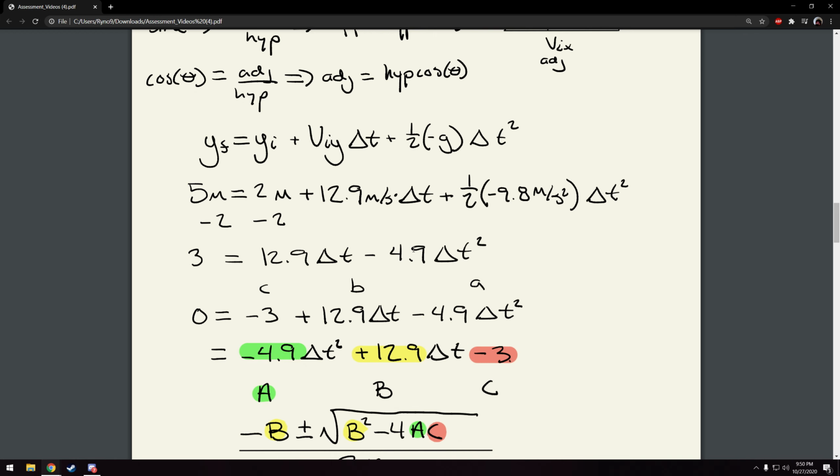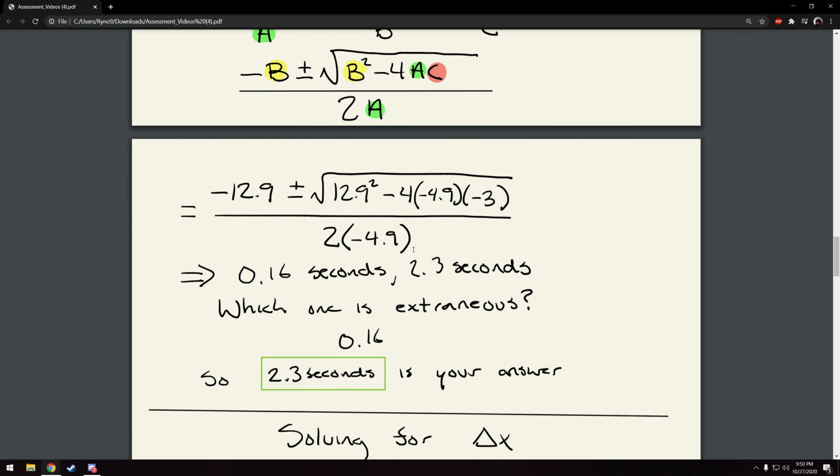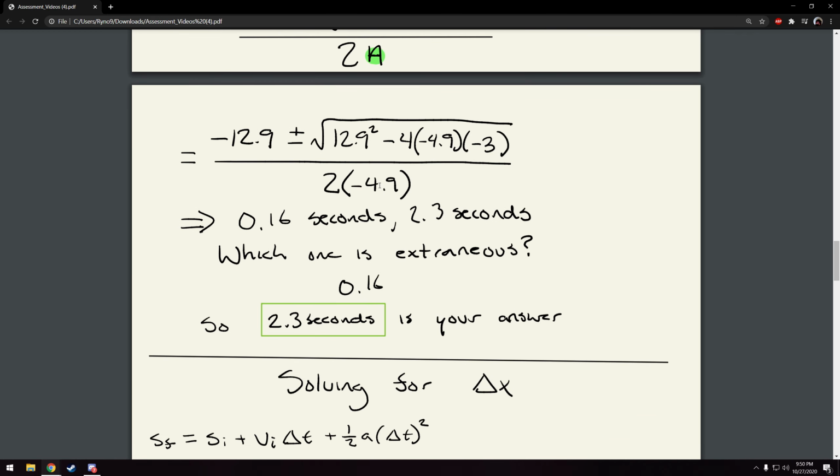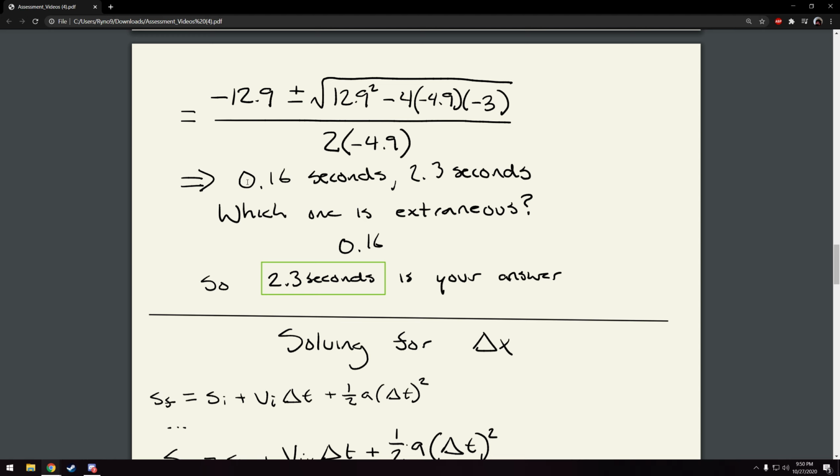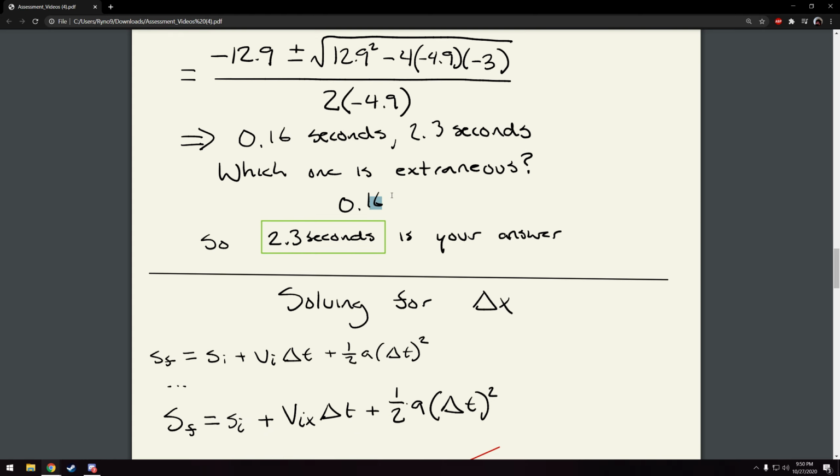So in this specific problem, we're going to be crossing out the smaller time because intuitively you would know that this wouldn't work because the ball would land at a much later time than 0.16 seconds.